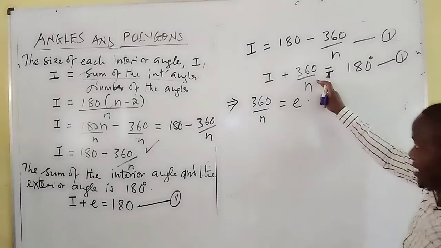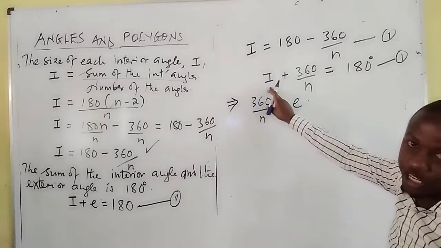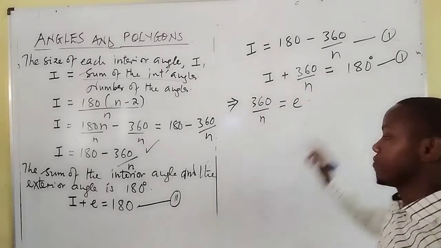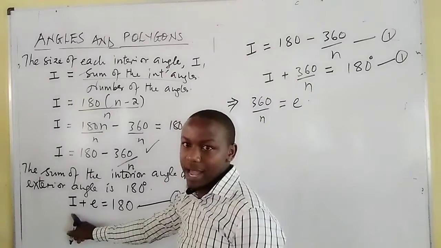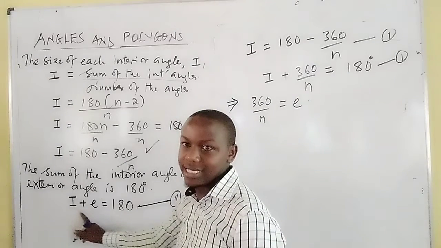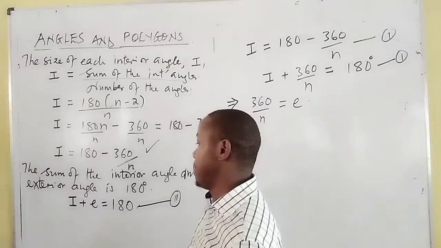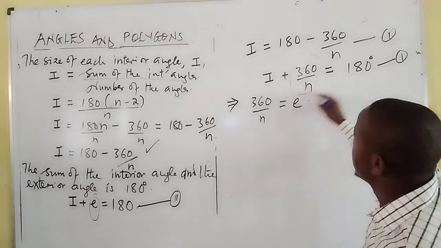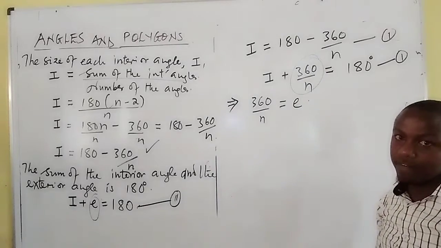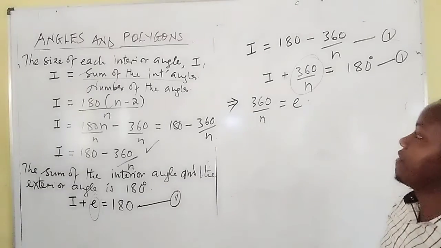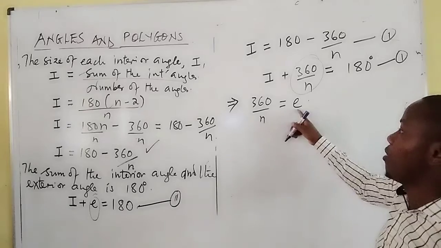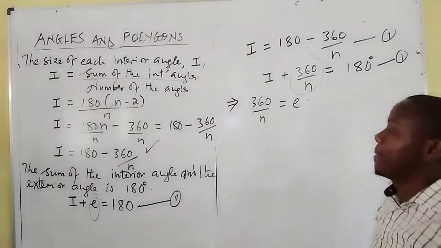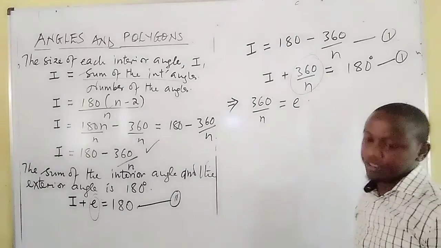So the exterior angle and 360 over n are equal. Therefore, we can get the exterior angle of a polygon by using this relationship.